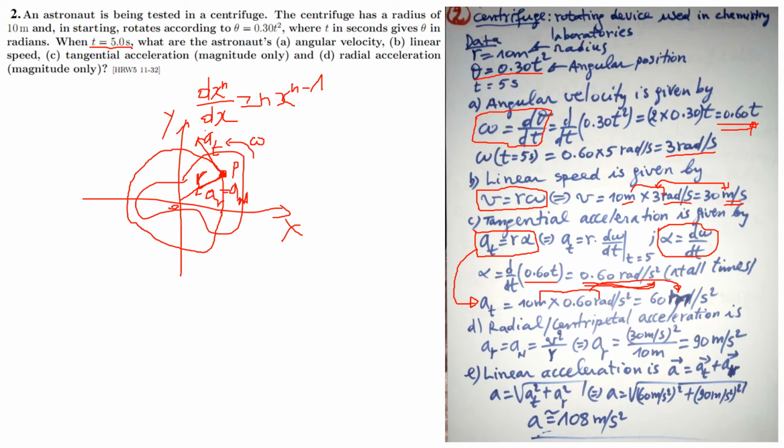Then this is a vector quantity. a_t is a vector quantity and a_r is a vector quantity. And the two vectors have the same origin, which is this point here. And then we know how to add vectors with the same origin. We use the parallelogram method. Let us find the parallel of a_r starting from the tip of a_t.